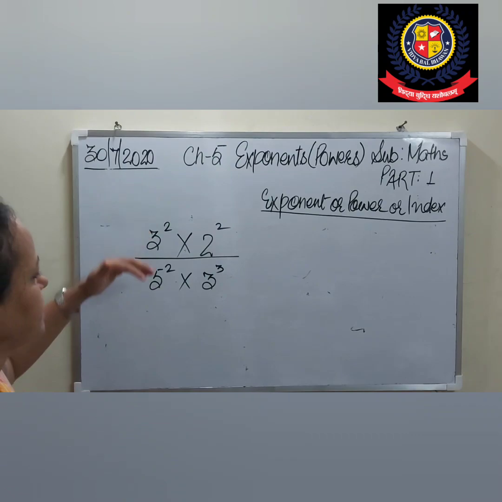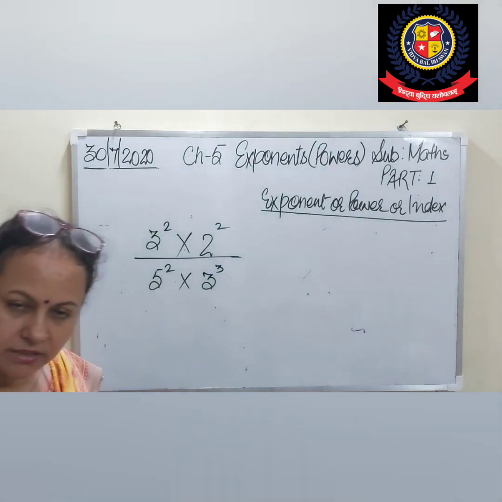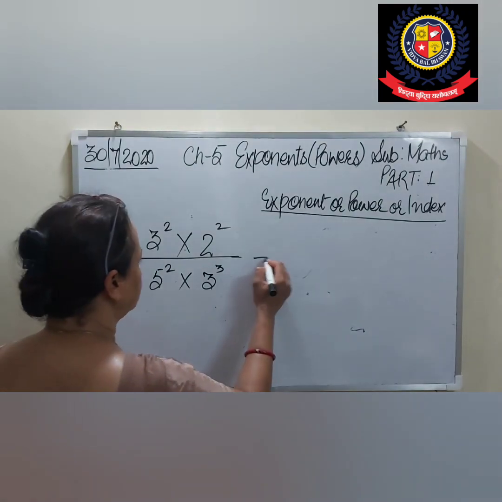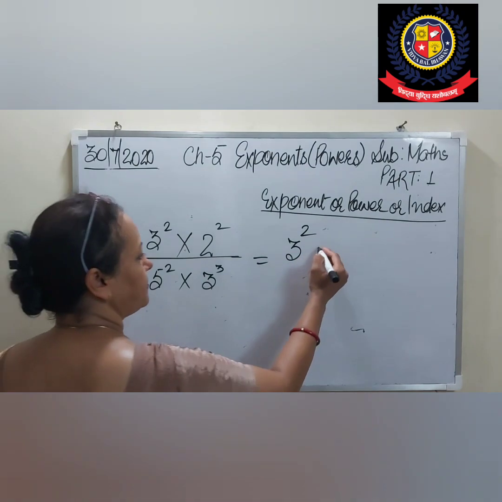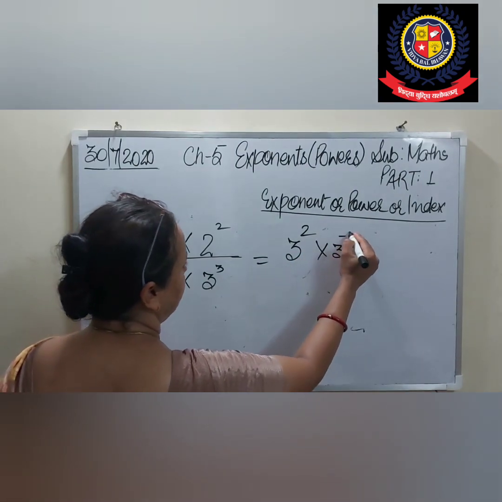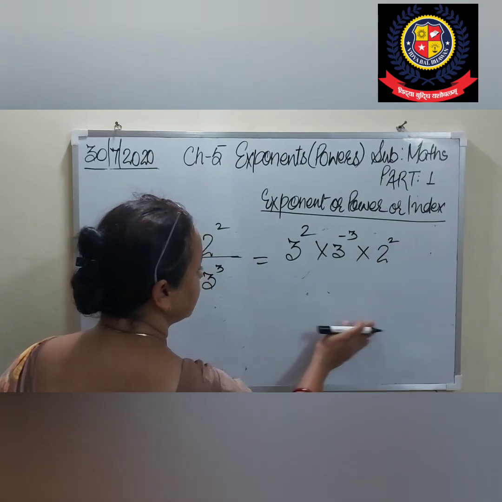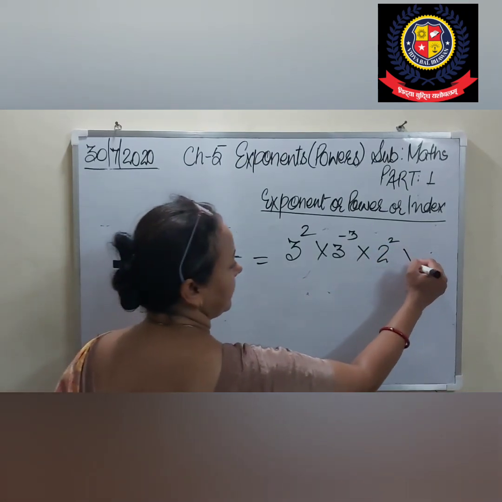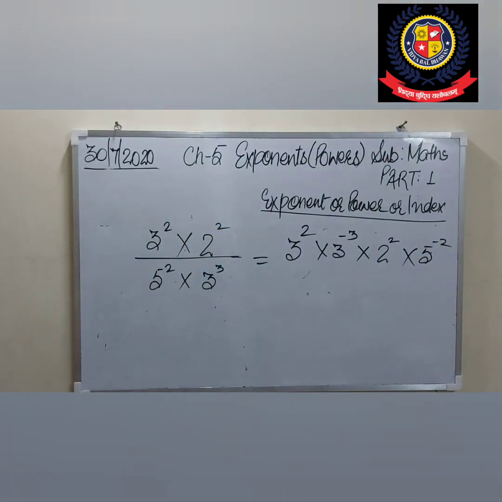If these numbers are in division, what is the symbol? We are showing divide, right? So what can we do? 3 to the power 2, and this goes up as 3 to the power minus 3, and this is 2 to the power 2 as it is, and this is 5 to the power minus 2, because we are writing only in numerator form.